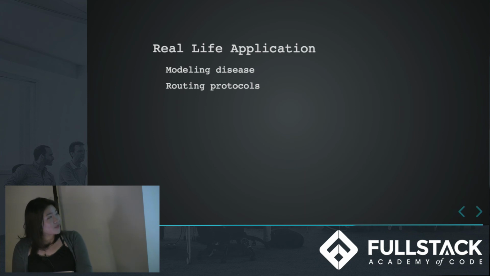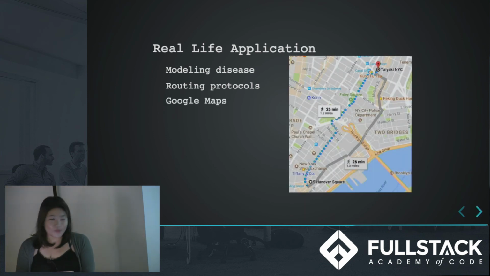And then an example that I'm sure all of us have used, Google Maps. We're not sure what the exact algorithm is for finding, let's say, how to get from Full Stack to Taiyaki, which has great ice cream, by the way. We can pretty much be certain that it is some form of Dijkstra's algorithm. It'll either be based on it or some kind of modification. Another application is something that I know we've all just recently experienced with LinkedIn.